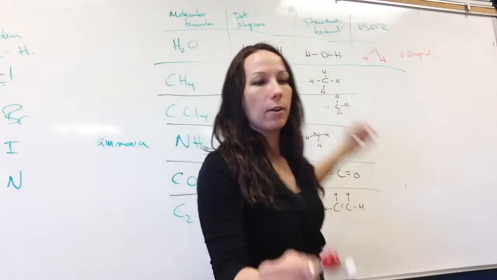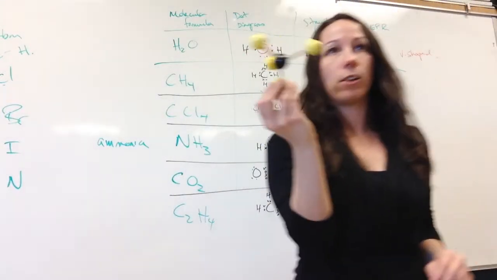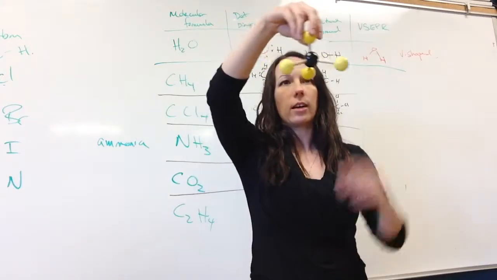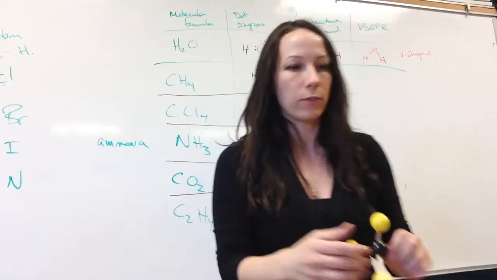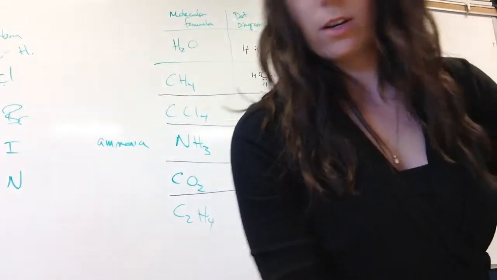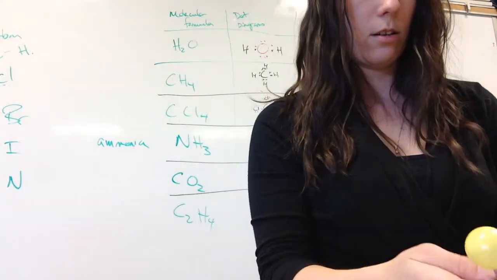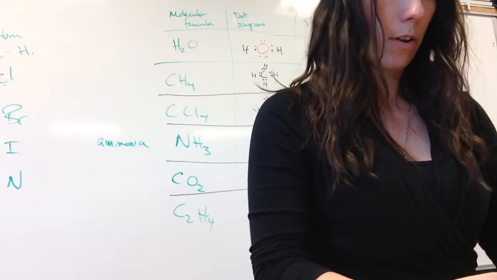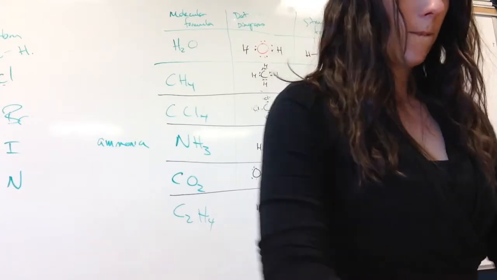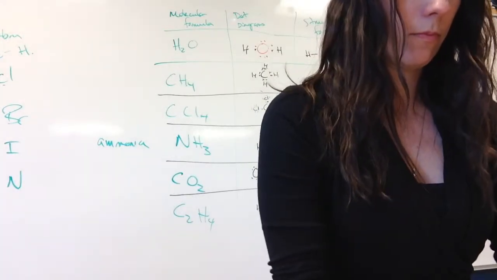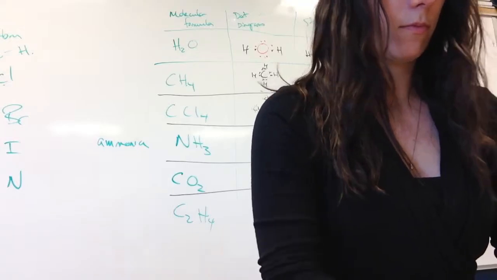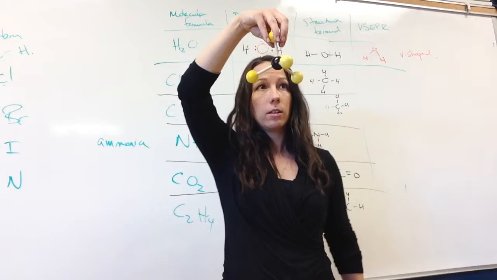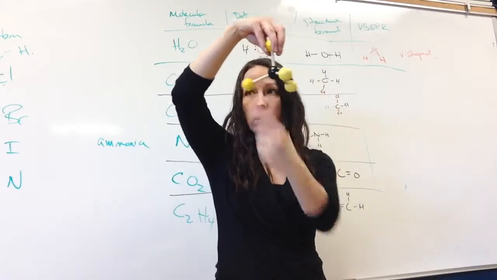So here we have your methane. Now I like to call this a camera. Oh, my sticks are all different lengths. Just a second, let me change them. A camera with a tripod on top. Imagine this is a camera, and then you've got a tripod down below.